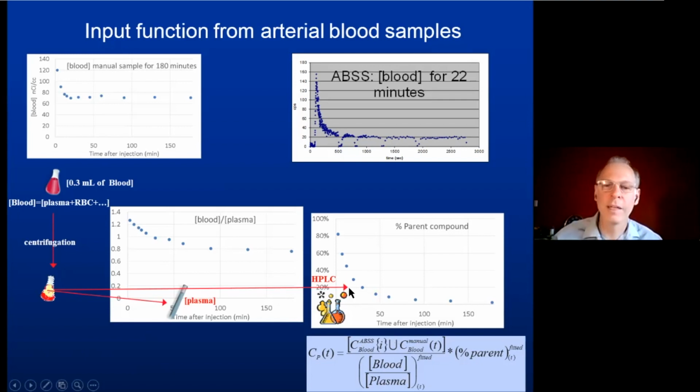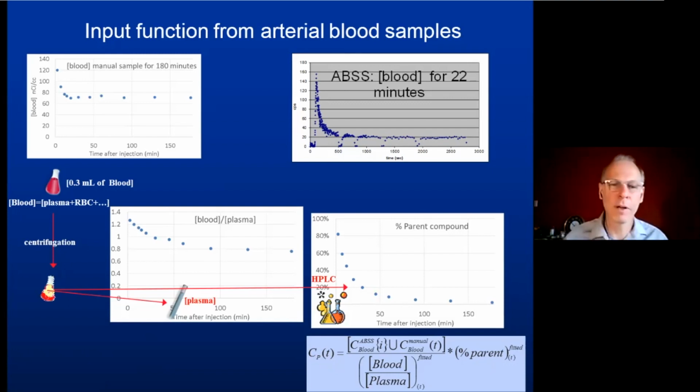And finally, if we are able to know what fraction of activity in plasma is coming from the parent compound, for a metabolized radioligand, we can multiply these two functions, and we have what we call the input function, or the concentration of activity in plasma due to the parent compound.